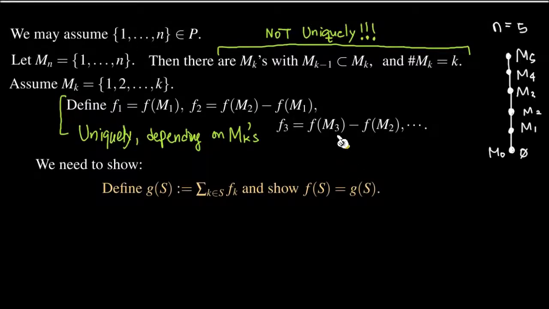M3, I wanted to show F of M3 is equal to G of M3. That's what I want to show. What is G of M3 here? M3 has the elements 1 and 2 and 3. So you're adding F1, F2, and F3. That's what G of M3 is, the sum of F1, F2, and F3.